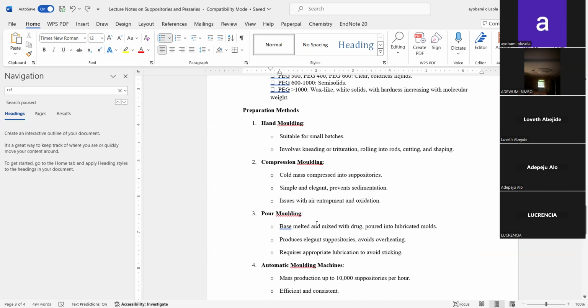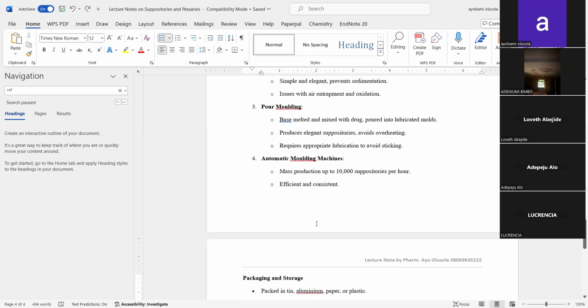When you use pour molding, you will need suppository molds of different types. Before you pour, you must lubricate the mold so that it will be easy to remove your suppository when it forms. Then you can prepare using the automatic molding machines in the industry.